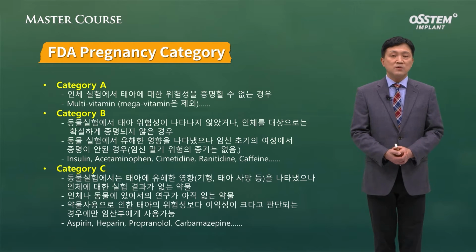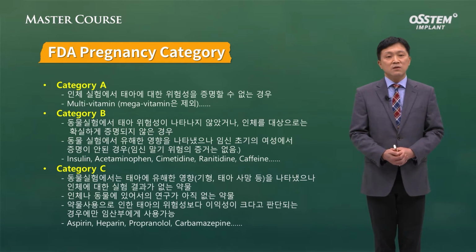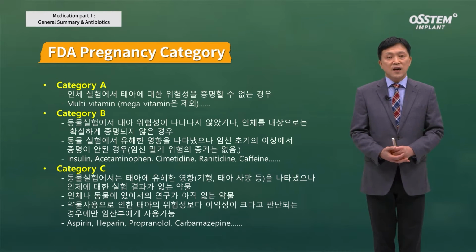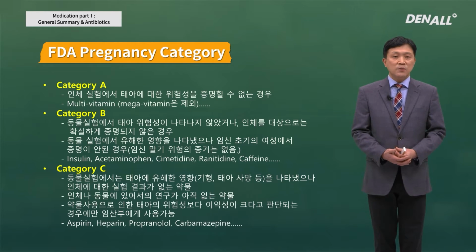Maybe multivitamin, but megavitamin is not included in category A. Category B, risk to fetus is not demonstrated in animal experiment, and there is no clear evidence how it affects humans. Category B includes insulin, acetaminophen, cimetidine.